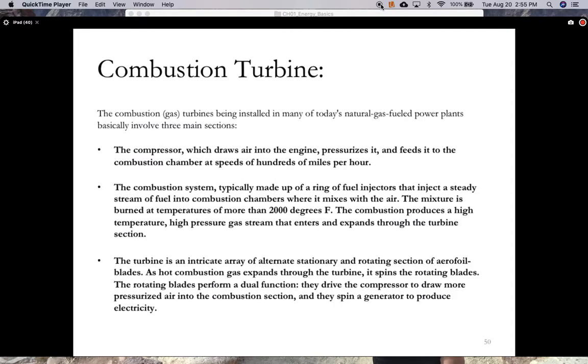Okay. So a combustion turbine has a compressor to compress air to burn with the fuel. The combustion system is made of fuel injectors.